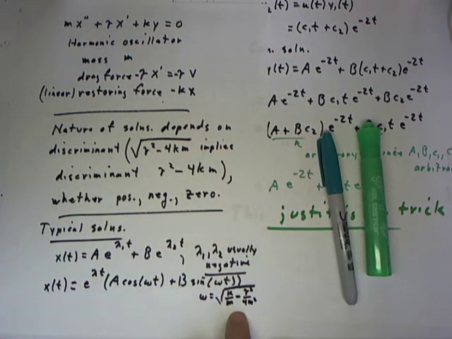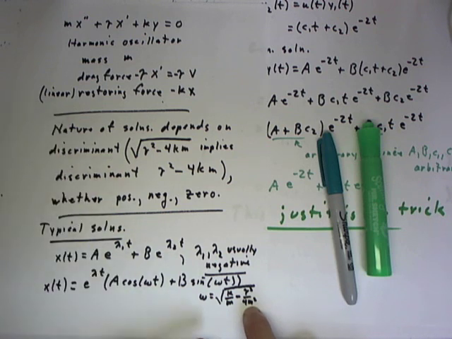And we'll deal with that later. This simply comes out of the solution of the characteristic equation. This is going to be the coefficient of i when you have a negative discriminant.